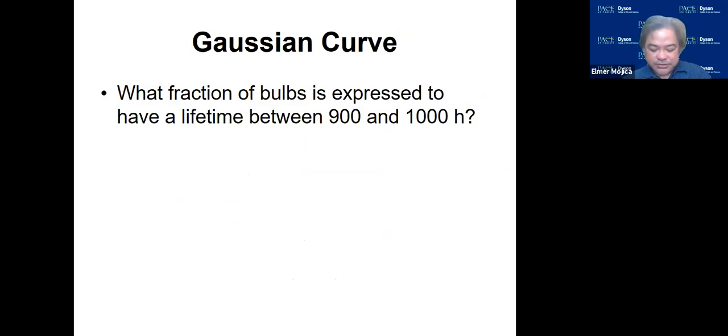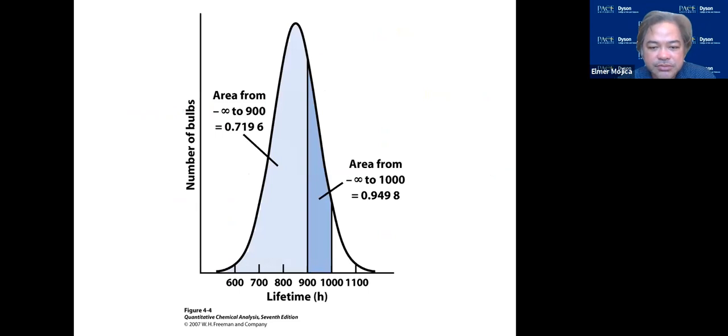hours? So if you're going to look at this problem, you go to the distribution curve, or the Gaussian curve. So you could say how much of this will have a lifetime between 900 to 1,000 hours.